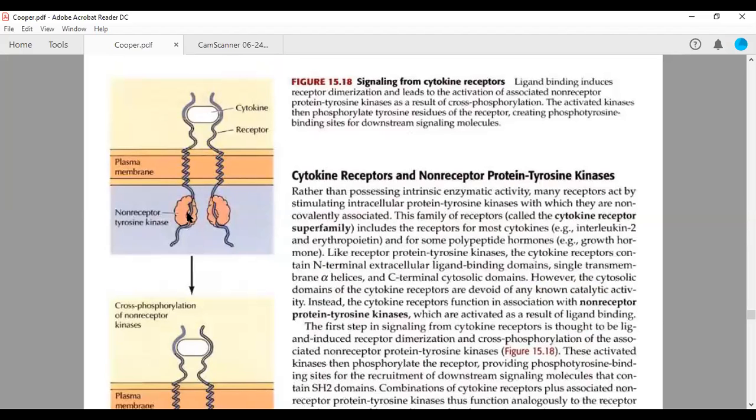So these have no intrinsic activity, but their cytoplasmic C-terminal domains interact with other proteins or enzymes called non-receptor tyrosine kinases. These are not part of the receptors, but they have tyrosine kinase activity, so they interact with the C-terminal domains.